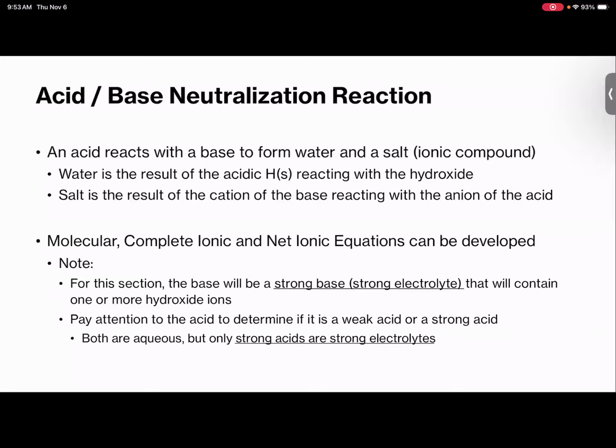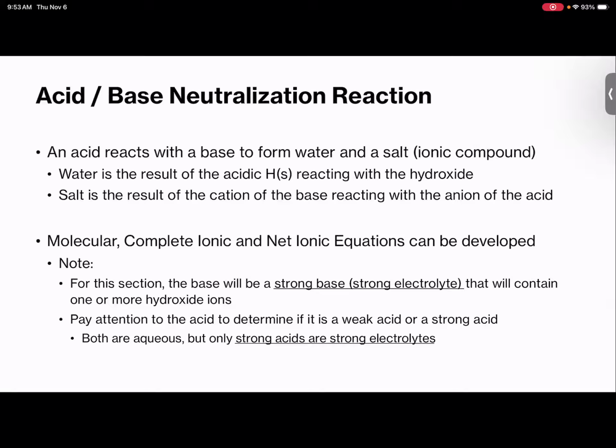Now for the acids. All acids are aqueous, but not all of them are strong electrolytes. So you're going to have to determine whether the acid you're dealing with is a strong acid, hence strong electrolyte, or whether it's a weak acid, hence weak electrolyte.